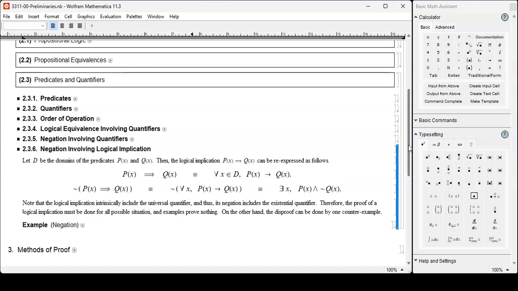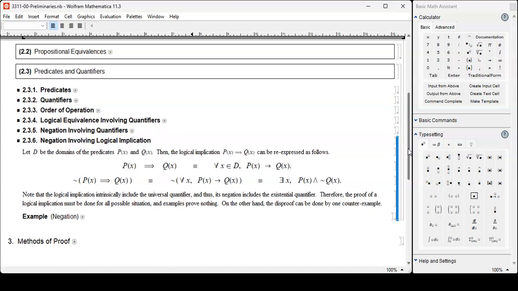Finally, negation involving logical implication. Oh yeah, okay, all right. Please remember the implication. If P then Q is a tautology, then that's tautology. That means true for all x in the domain.